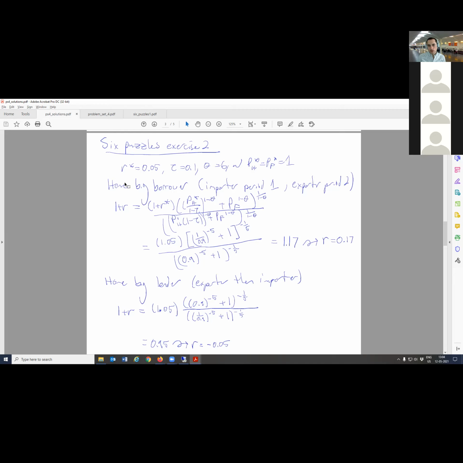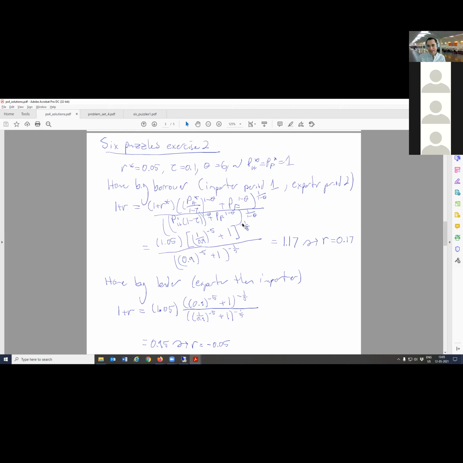Okay. So here I've very sloppily copied the equation from the slide I just showed you, and then plugged in the numbers. You can see I replace R star with 0.05. P H star is 1 divided by 1 minus tau, well, that's 0.9, to the power 1 minus theta. Well, 1 minus 6 is -5, plus 1 to any power is still 1.